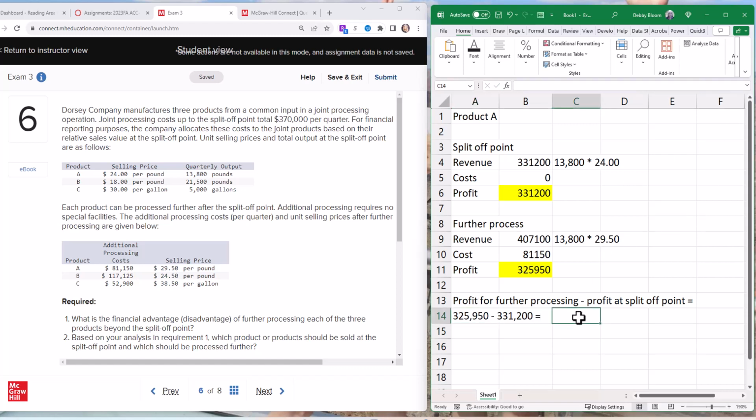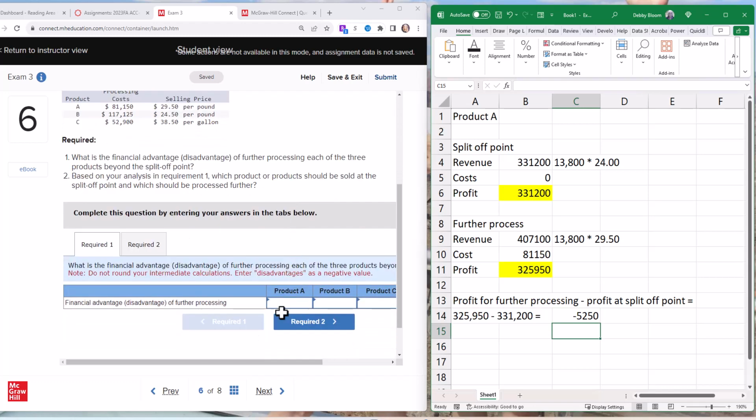And we will find that we actually lose money by further processing. So we would have $5,250 as a disadvantage of further processing, because further processing reduces our profit.